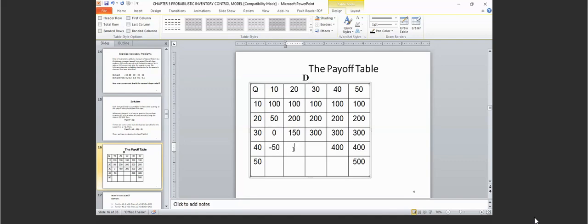Di sini akan jadi berapa? 200. Kita tolak dengan loss kita sebanyak 20 unit. 20 unit darab dengan RM5, jadi kita akan dapat di sini sebanyak 100. Di sini kita akan dapat 10, 50, 200. Di sini kita akan dapat negatif 40, 200.